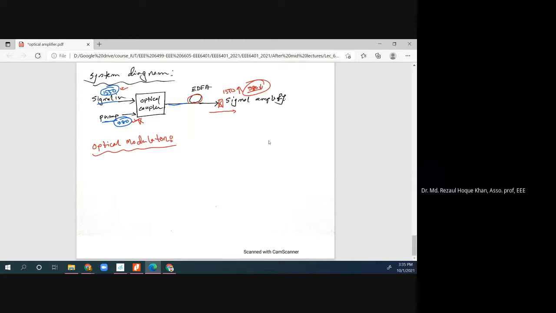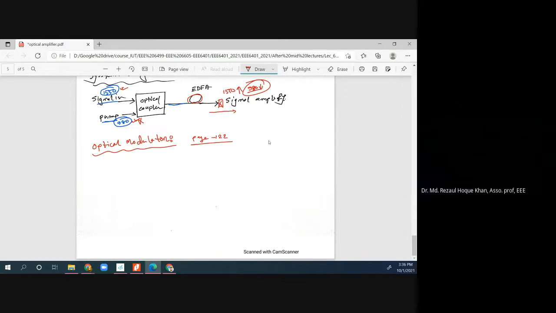It is on page 122 in our Govind Agrawal book.